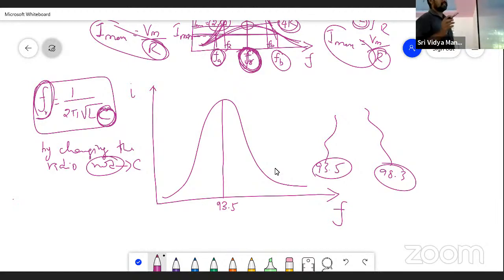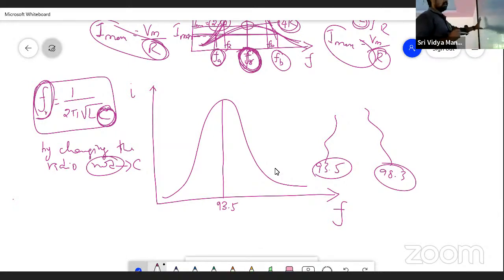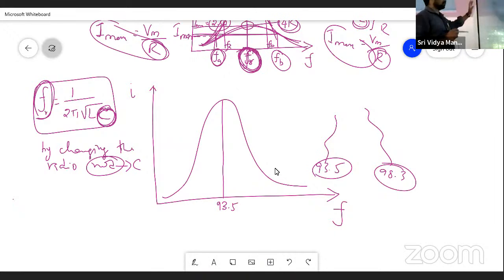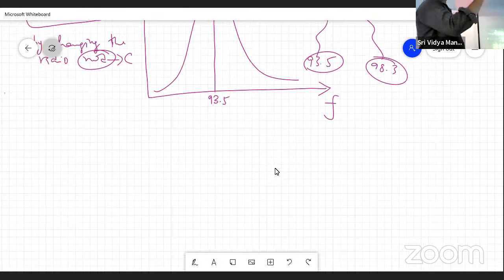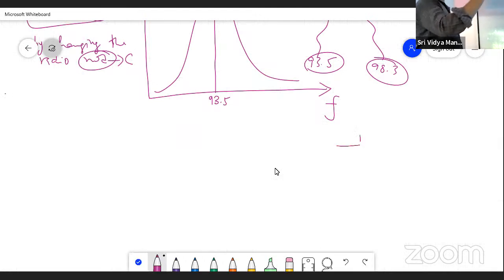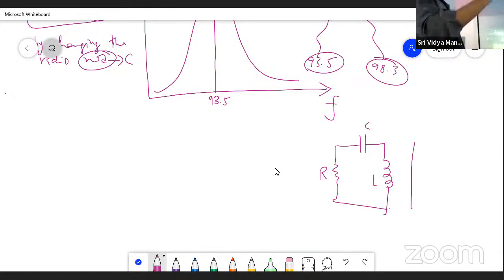In a radio, the circuit is simply an RLC circuit: this is the capacitor C, this is the inductor, and this is the resistance. There are electromagnetic waves, and most radio stations are spread as electromagnetic waves in space.